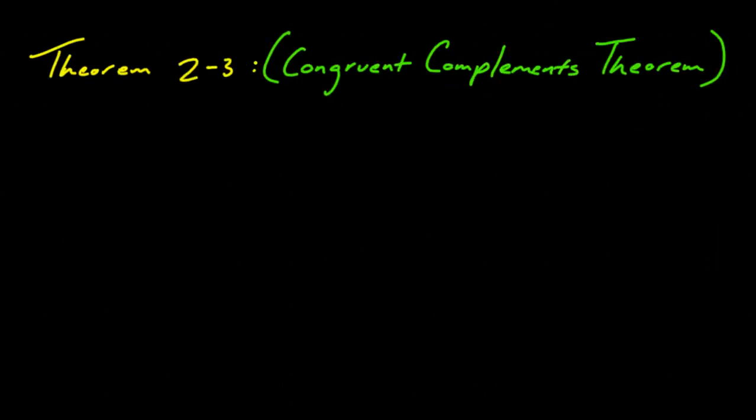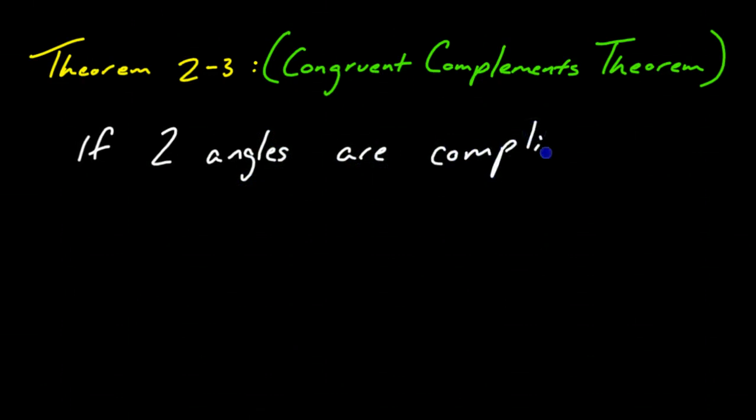Congruent complements theorem, theorem 2-3. It's very similar. It's just going to be the complements. Oh, you know what? I spelled that a little wrong there. There's no I. Complements.